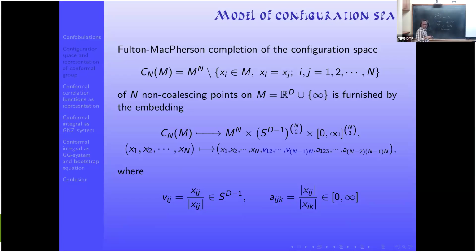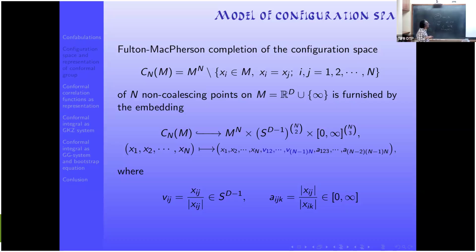Then to compactify, anytime you want to make it complete or compact, you embed it in a bigger space, like we did just now for the conformal thing. There's a theorem which shows that this completion is embedded in this space, where I have M to the power n for n marked points. There will be these many spheres of d minus 1 dimensions, and there's an interval raised to the power of this.